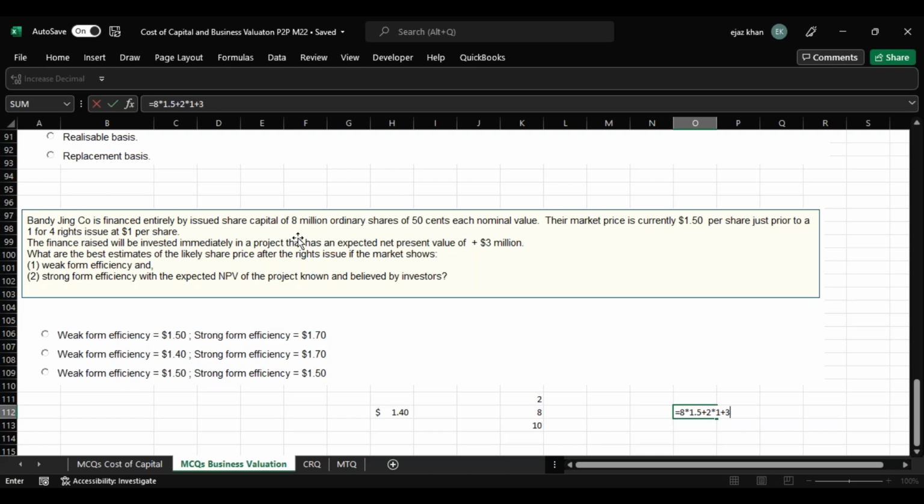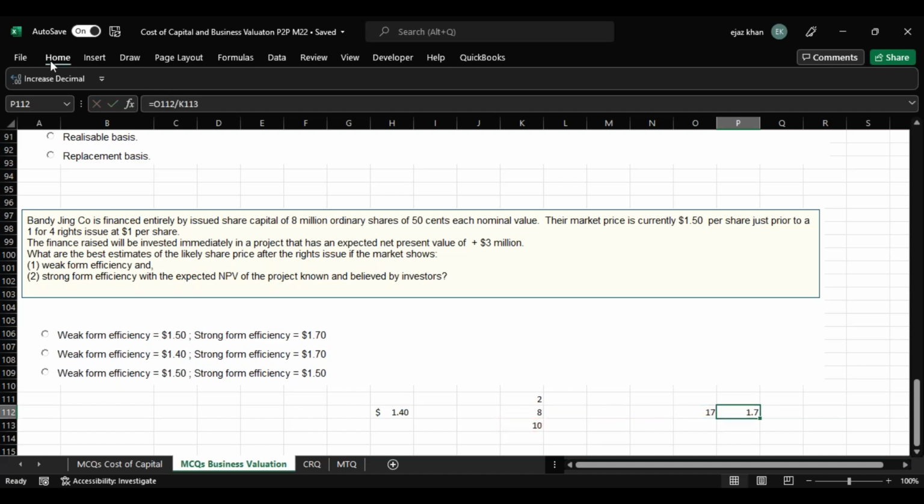So the total value of equity will be existing shares into existing value plus new shares into the exercise price of the new shares plus the 3 million of NPV. The total value will be 17 million, and it will now be divided by 10 million. So it's going to be 1.7.